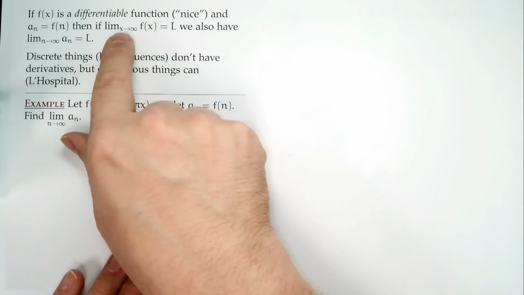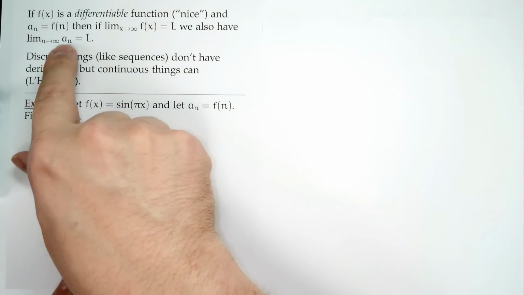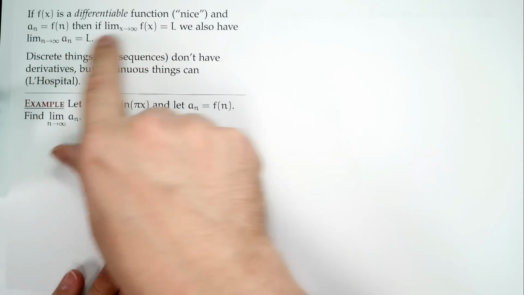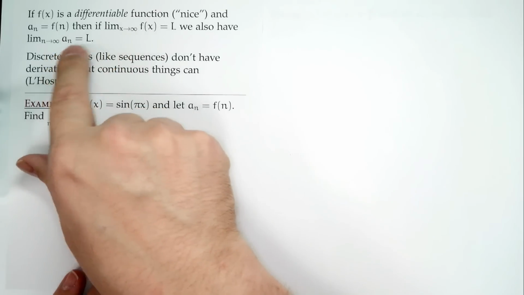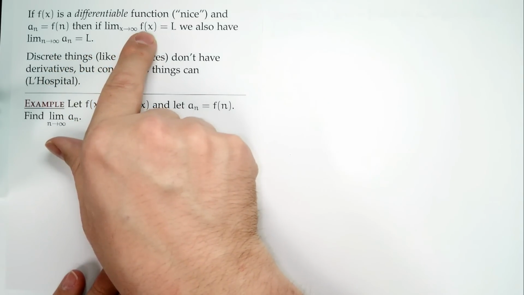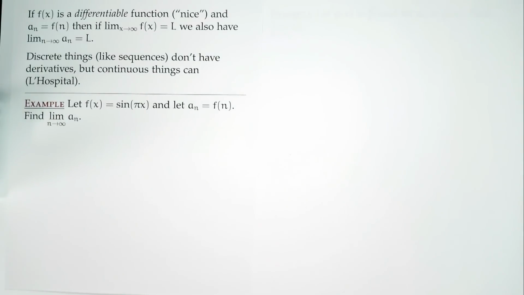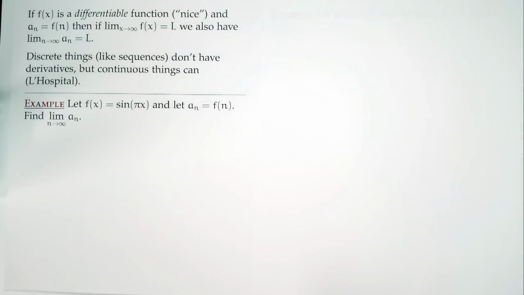Then, if the limit of the function approaches L, then f of n approaches L. So what's the difference between these two? Because this is like f of n. Now the difference between these two is the difference between continuous and discrete. Continuous says you're going to hit all values, so there's no gaps. Discrete says, well, we want to hit the whole numbers starting at some point. So you have to be careful.